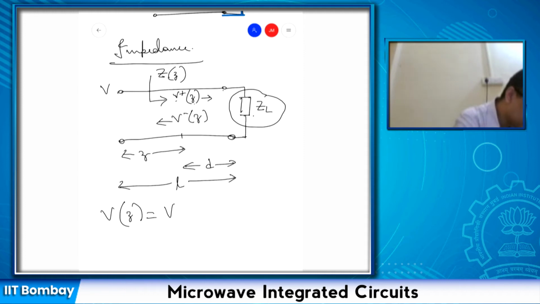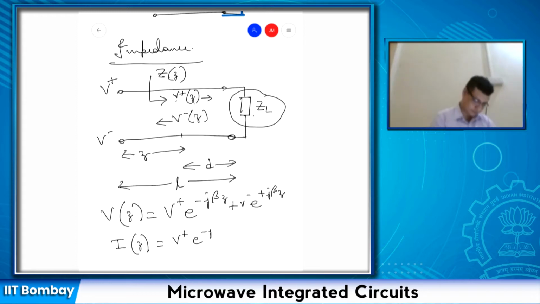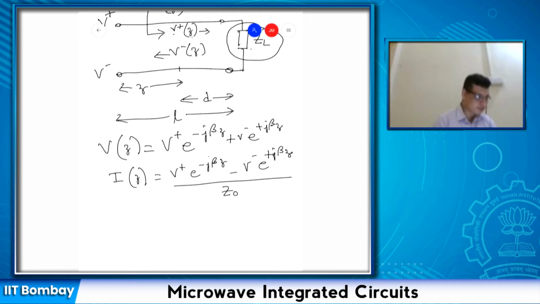So say the voltage here. When we write this expression in V(z) and I(z), here this V plus and V minus represent the magnitude of the forward wave moving in the plus z direction and the wave moving in the minus z direction at z equal to 0.